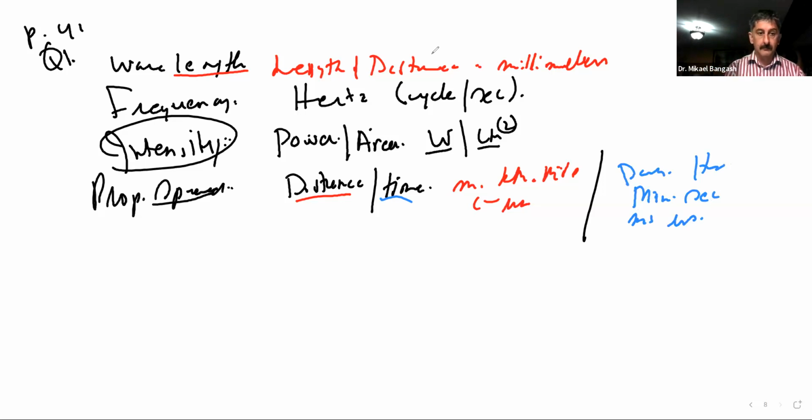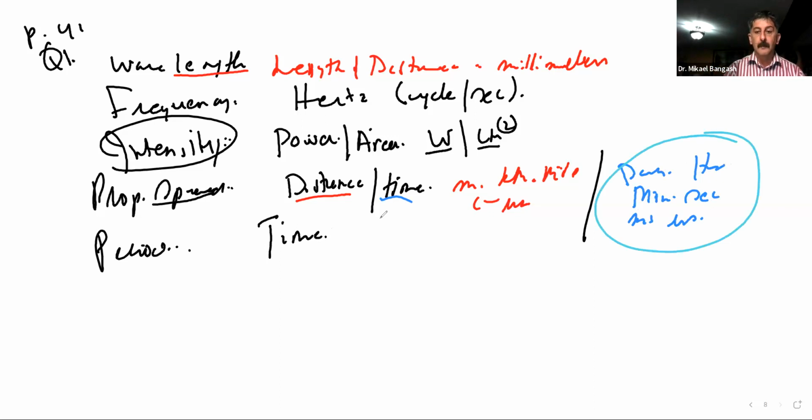Now, period. Simply just a unit of time. So any of the units of time that we have here could also be units for period. And power.